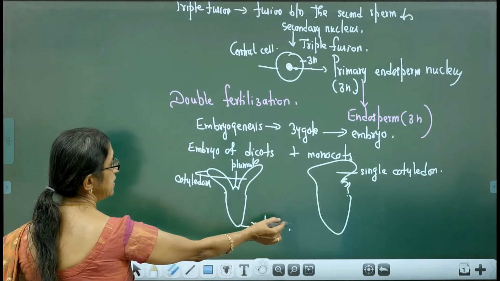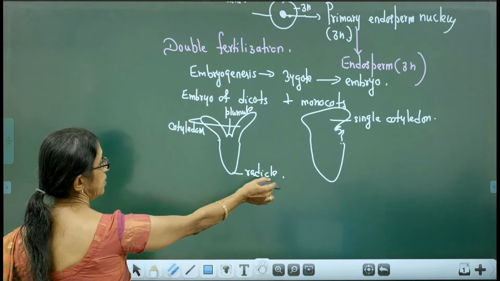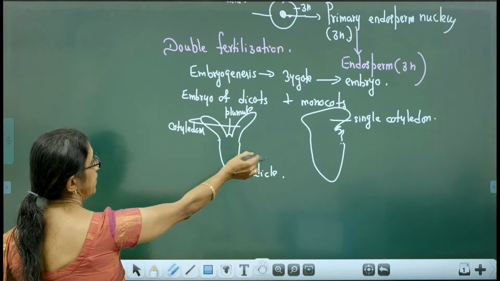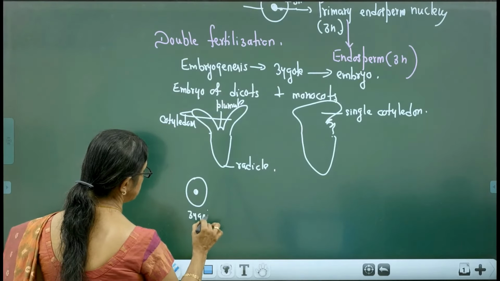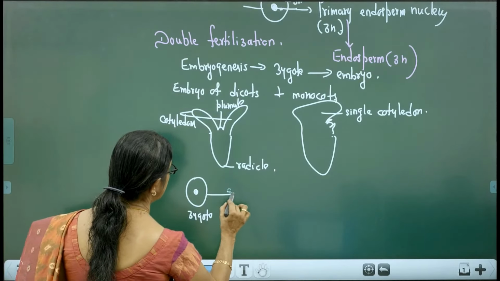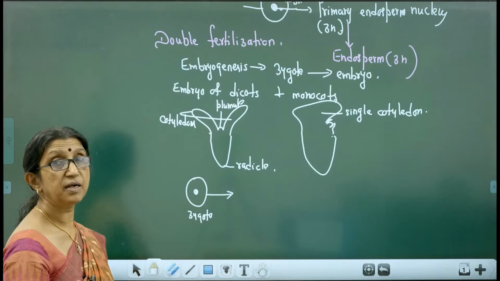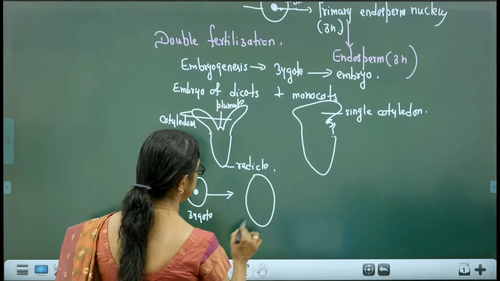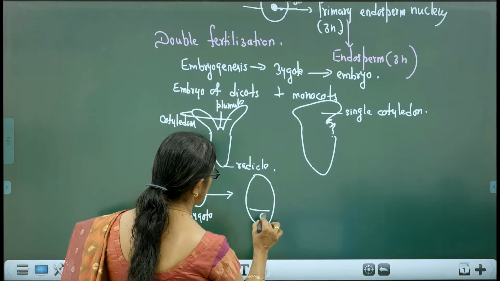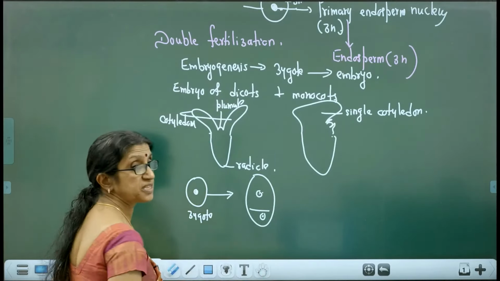Now let us see the process of embryo development in dicots. So this is the zygote. It undergoes a predetermined division, which is unequal at first. First of all, two cells are formed.